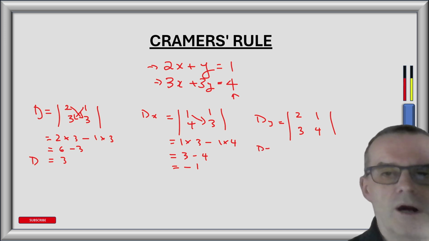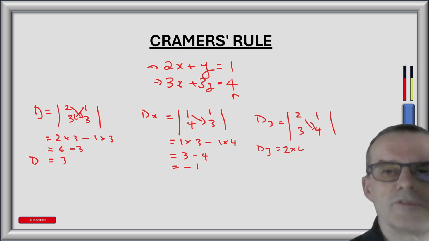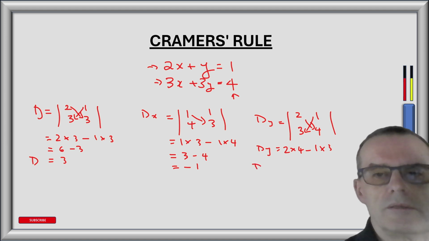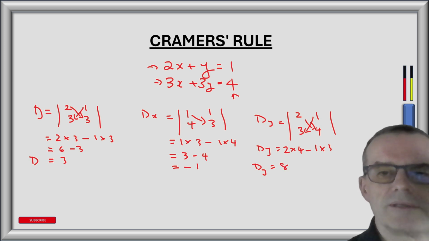So dy is equal to 2 times 4, minus 1 times 3. The dy is equal to 2 4s are 8, minus 1 times 3 is 3, so dy is equal to 5.